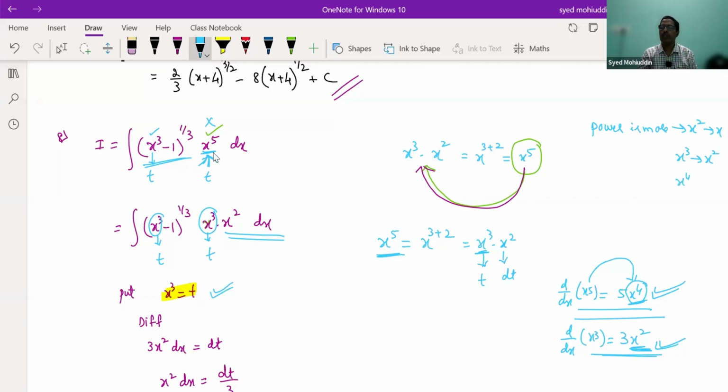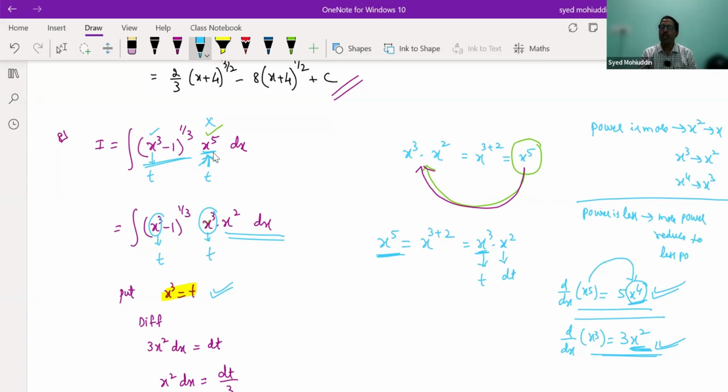X power of 4 is there, its derivative present should be x cube. But if the power is less, in that case, the less power value you are taking as t, more power reduced to less power. More power reduced to less power value.